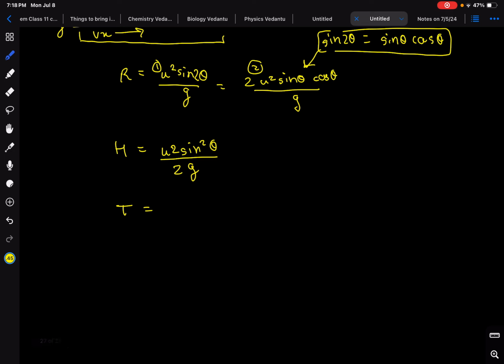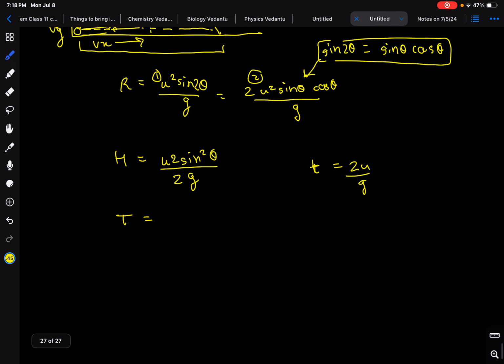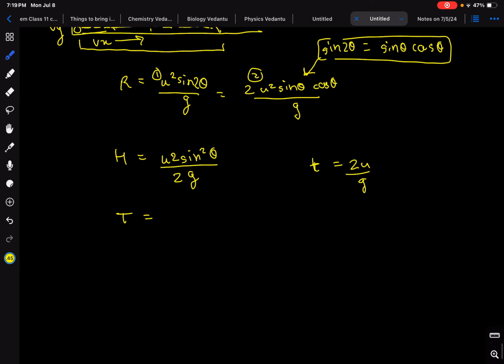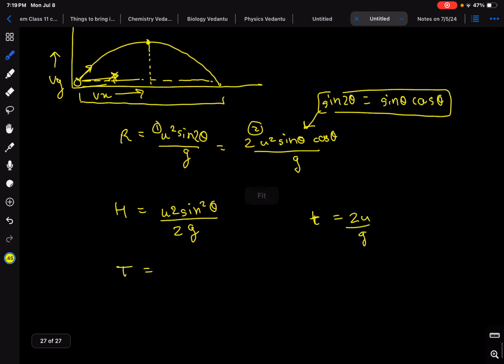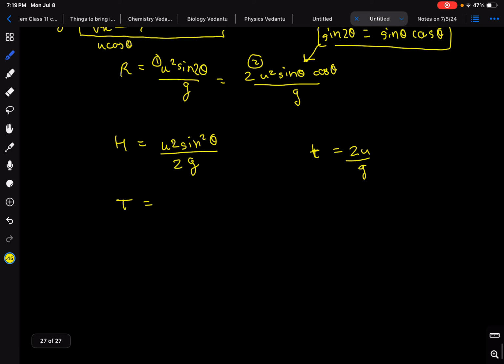Well, time in motion in one dimension is equal to 2u upon g, but we know that we have to take the y-axis, the speed in the y direction, independent. So that means we have to take over here u sine theta, and this is u cos theta. So that means it is equal to 2u sine theta upon g.